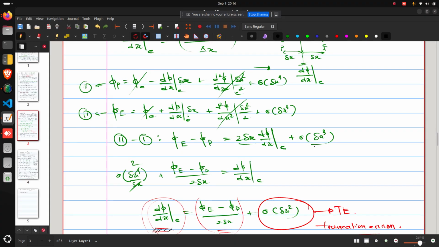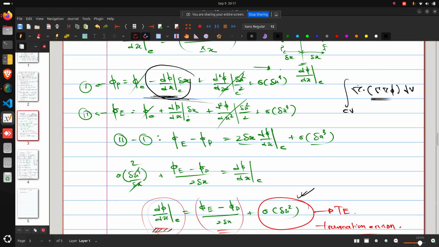Yes. This space discretization comes from the spatial discretization, right? This comes from the integral of del dot gamma grad phi dV over the control volume, right?